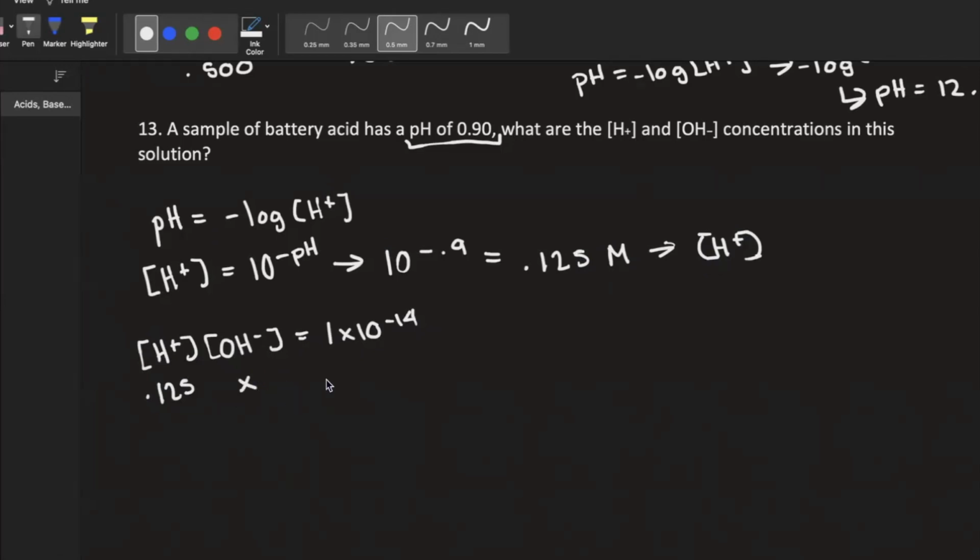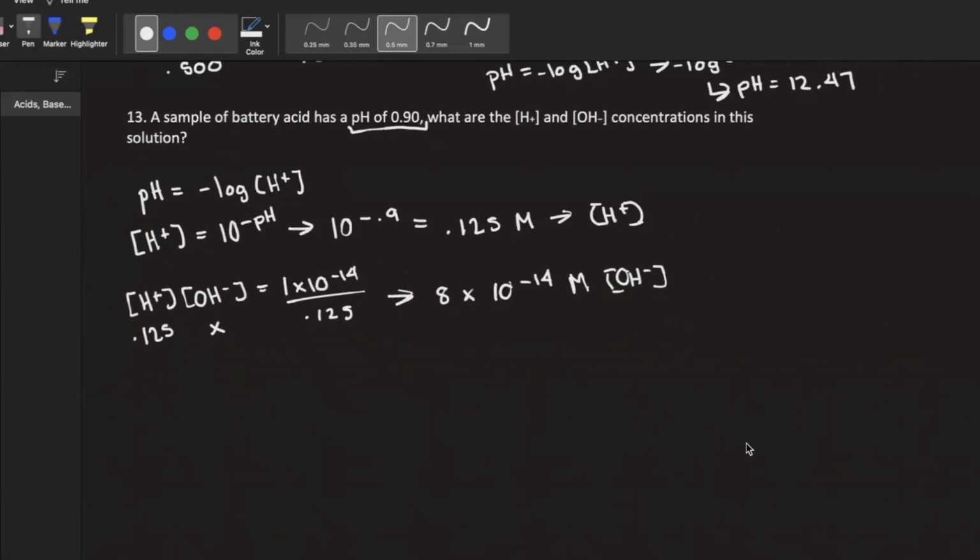To find x, we divide 1 times 10 to the negative 14th by 0.125, and that gives us 8 times 10 to the negative 14th. So this is the concentration for the hydrogen ions. So this is the concentration for the hydroxide ions.